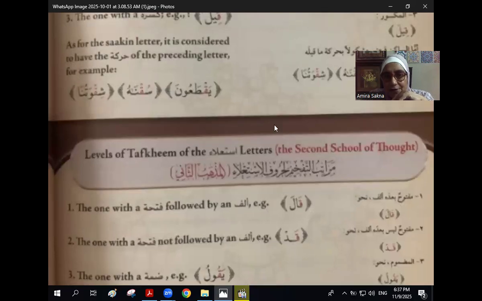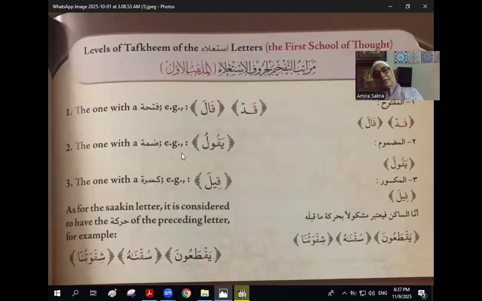Well, the first school of thought, as I told you, is the school of thought of Ibn Tahan. He said the first level is the one with fatha in general, like qad, qal. Second level, the one with dhamma, like yaqul.